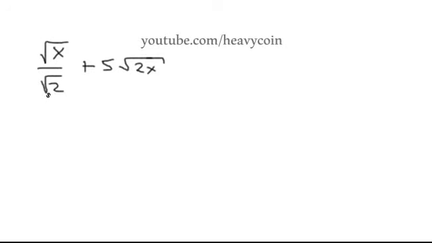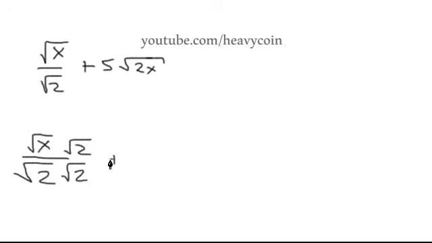Now to get this radical out of the denominator, I multiply the bottom by the square root of 2, and of course the top we have to do the same thing, and we're going to be rewriting the rest. So the square root of 2 times square root of 2 is just 2.